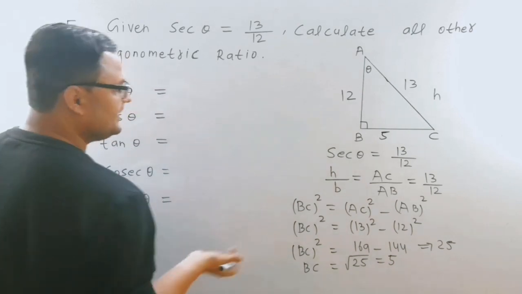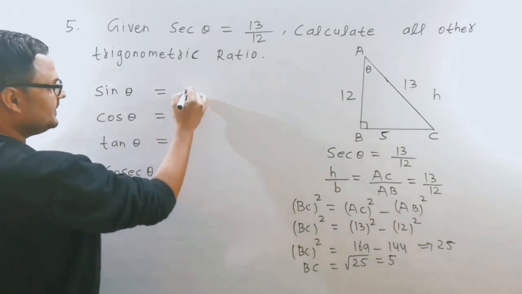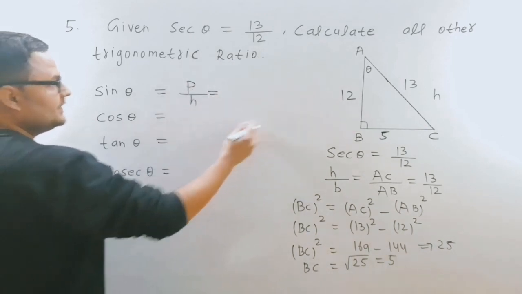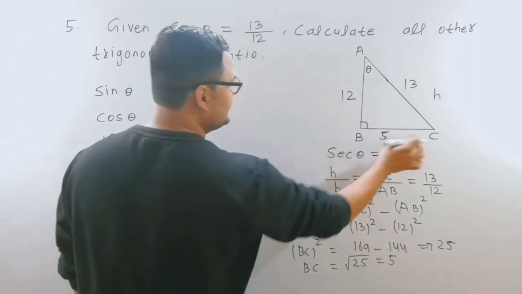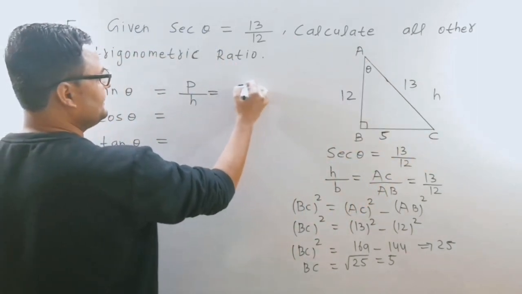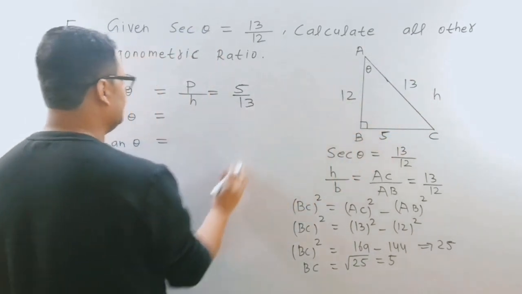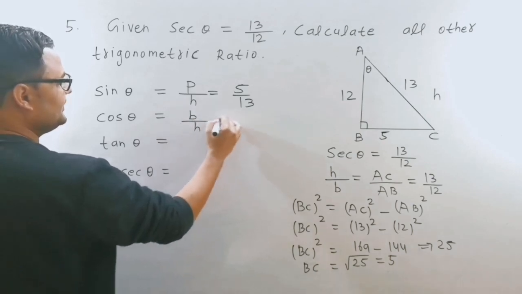Now the remaining is very easy, simply use the formulas. Sin theta is equal to P by H. For this theta, the perpendicular is BC, that is 5, and the hypotenuse is 13, so 5 by 13. Cos theta, base by hypotenuse.